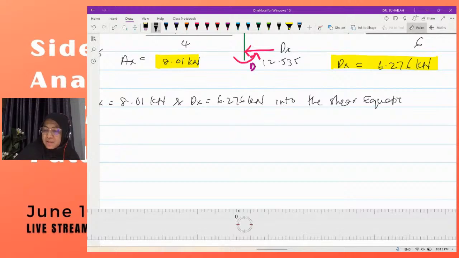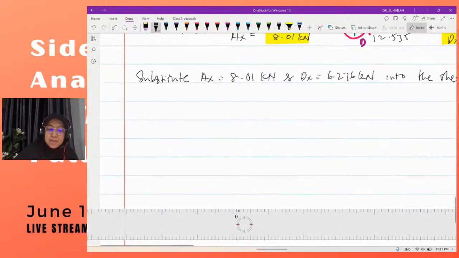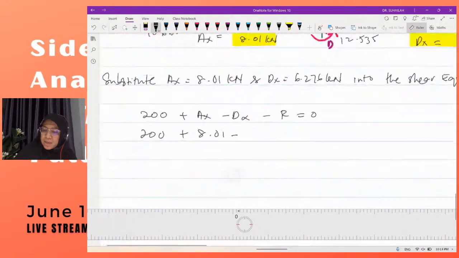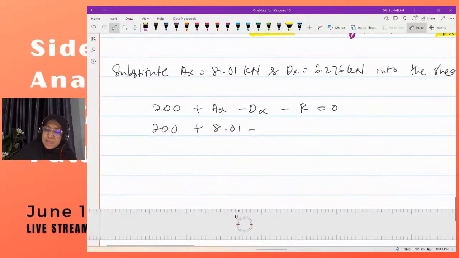The shear equation is 200 plus ax minus dx minus r. So it is 200 plus 8.01 minus 6.276 equivalent to r.